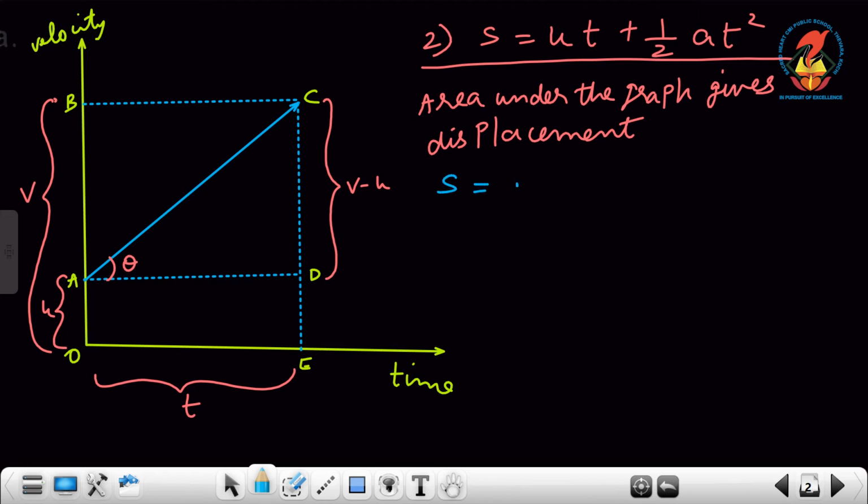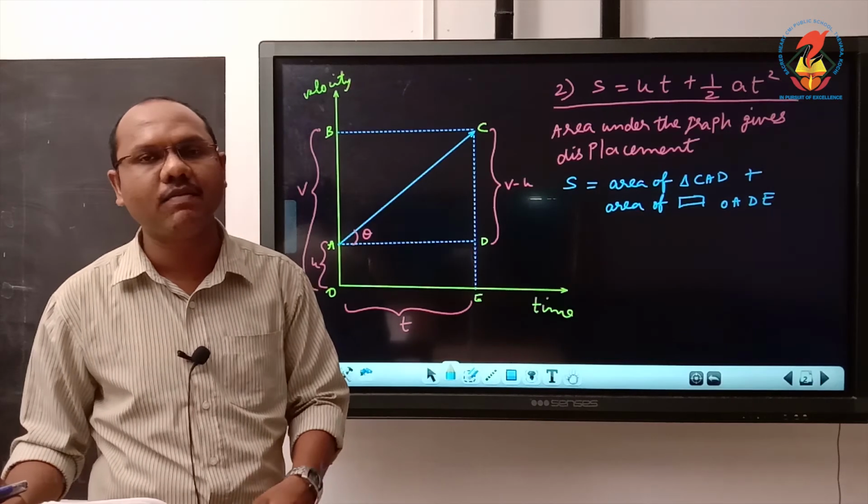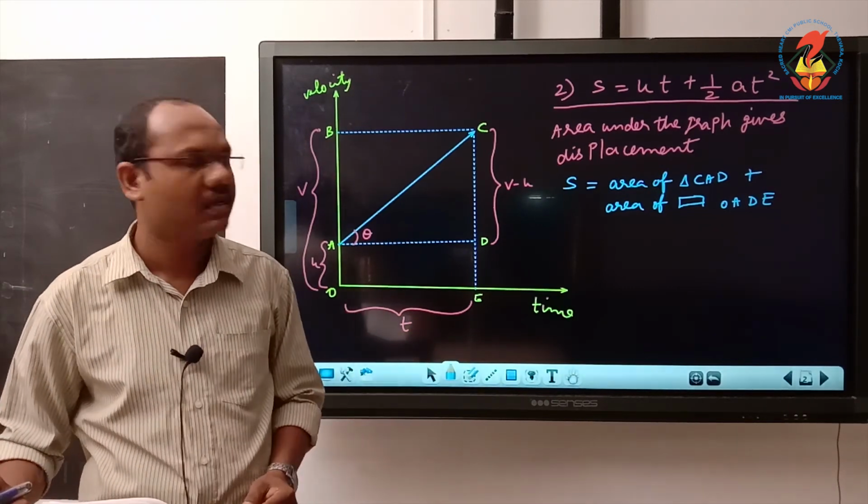So I will write displacement equal to area of triangle CAD plus area of rectangle OADE. So area of triangle plus area of rectangle will give you the area of the trapezium.